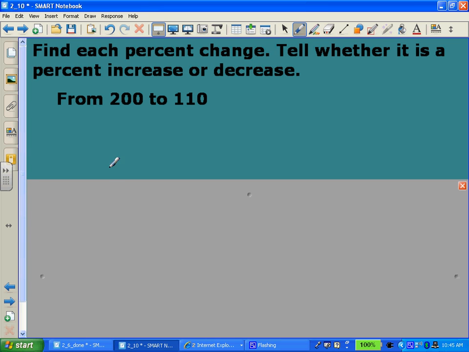Let's look at a few more here, and I'll go a little faster through these. So I'm going from 200 to 110. So again on the top, big minus little over the original number, which was 200. And again, if you're understanding this, go ahead and try to do these on your own before I do them, just to make sure that you have them.